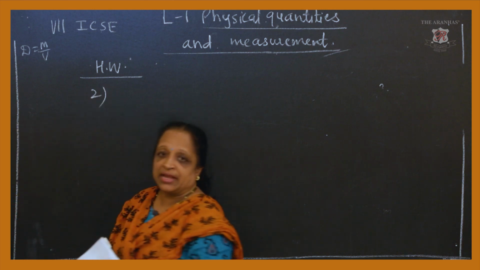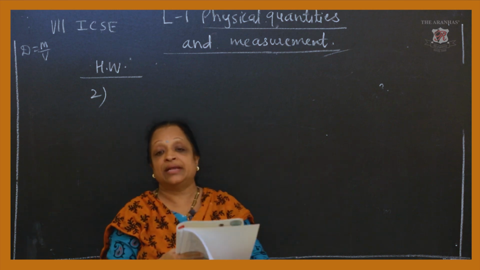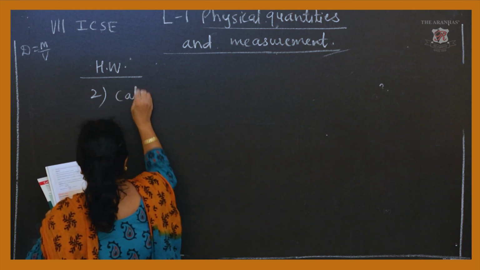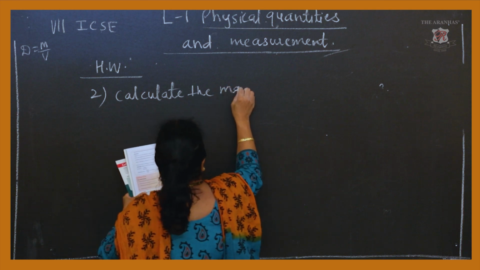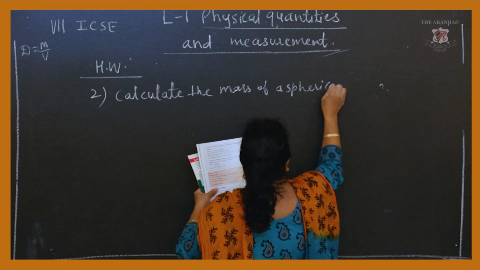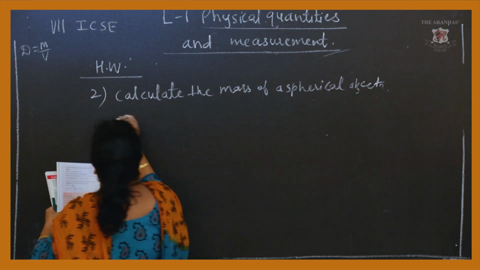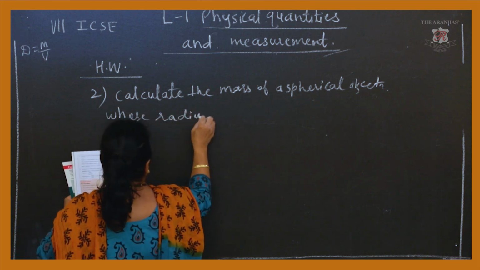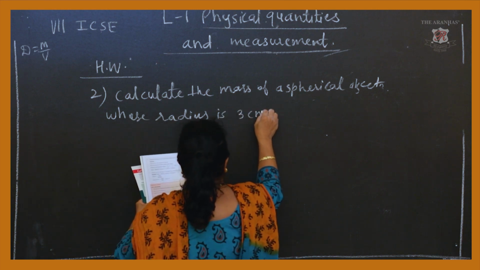now this will be treated as sum 2, because in the first sum we already calculated the density of a substance. So in the second sum, calculate the mass of a spherical object whose radius is, this is a bit different, radius is 3 centimeter.